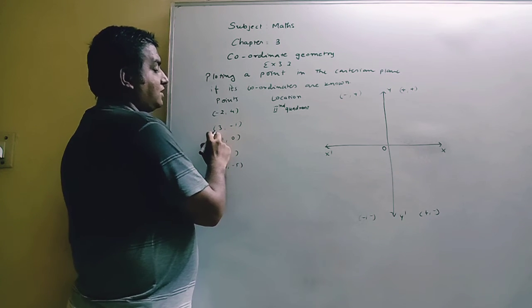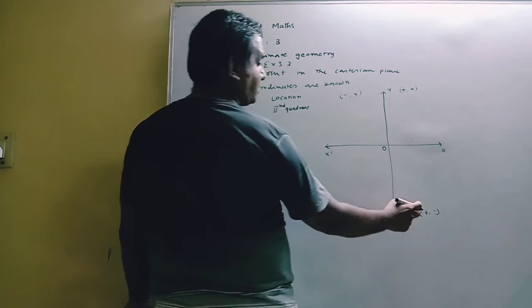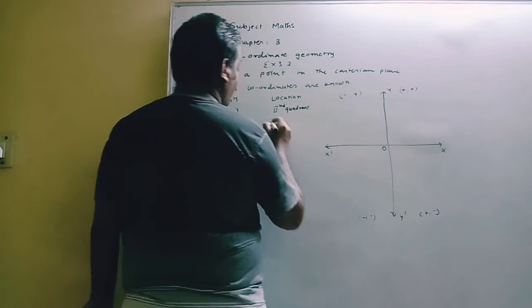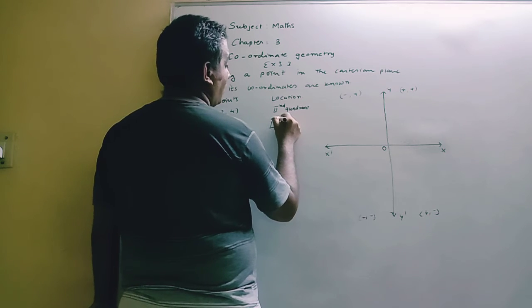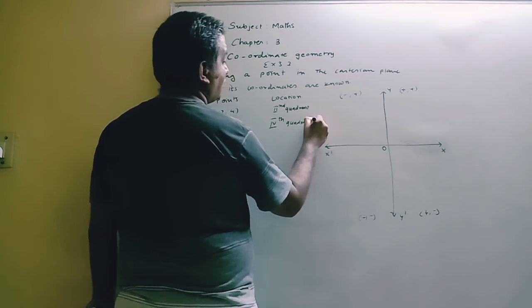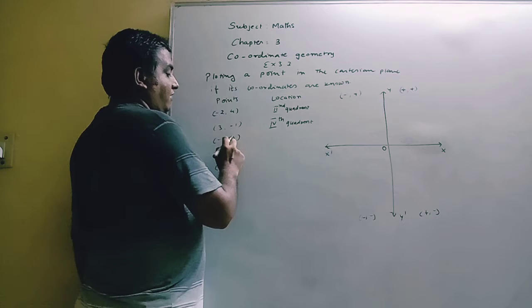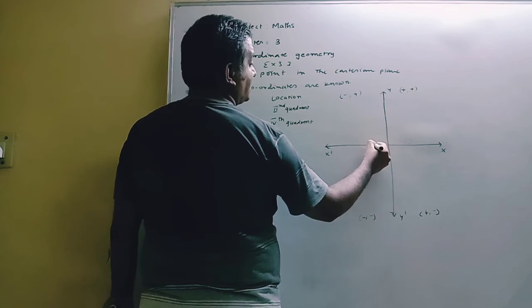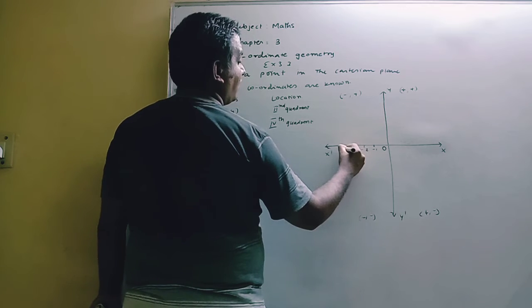Second is (3, -1). So x is positive, y is negative. x positive, y negative is the fourth quadrant. So (3, -1) will go in the fourth quadrant. Now x is -1 and y is 0, so -1, -2, -3, x negative and y 0.